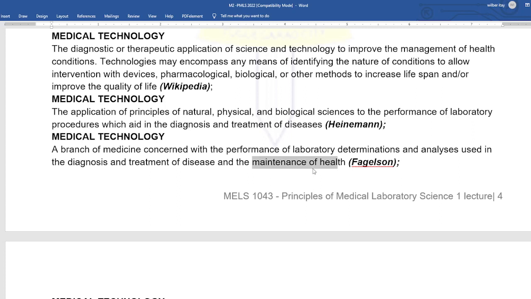Okay, so this one is more specific as compared to these two definitions. It specified what is done in order to aid in the diagnosis, treatment, and maintenance of health. Okay, that is through the performance of laboratory determinations and analysis.